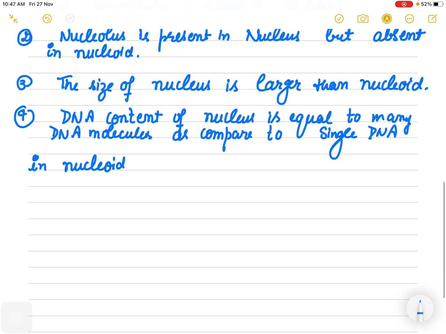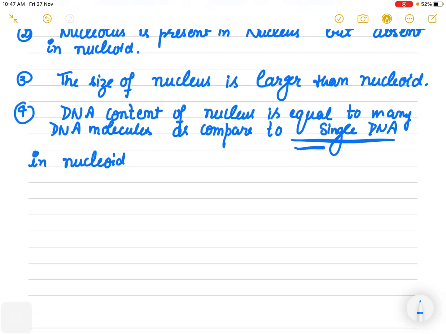But in the nucleoid we observe only and only a single DNA.